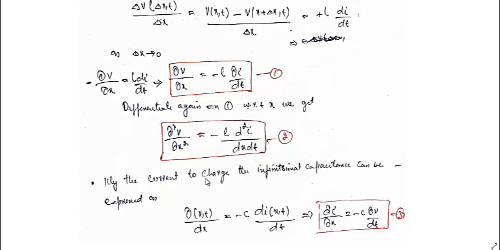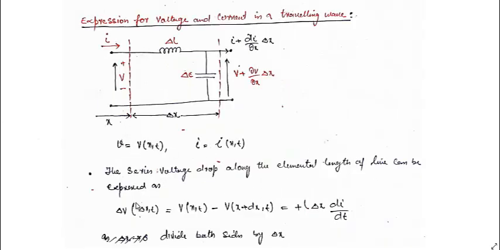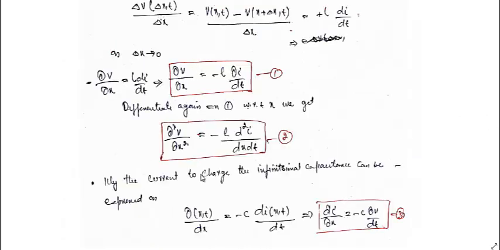Similarly, the current to charge the infinitesimal capacitance can be expressed, so we can do a similar exercise, because here this I will be equal to this I of x, t plus some delta x of t. So when doing the same exercise, we get del i of x, t by del x equal to minus C del v of x, t by del t.